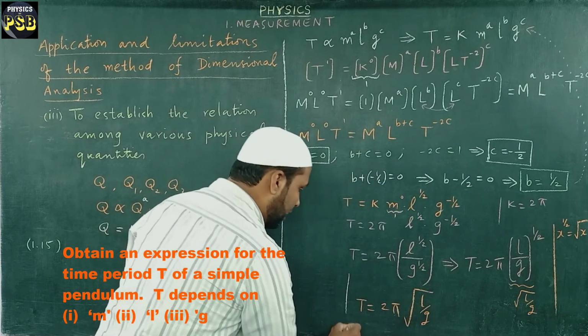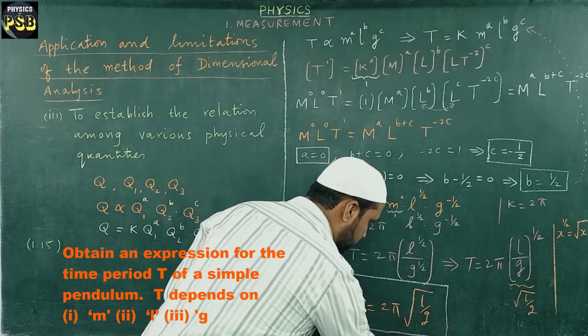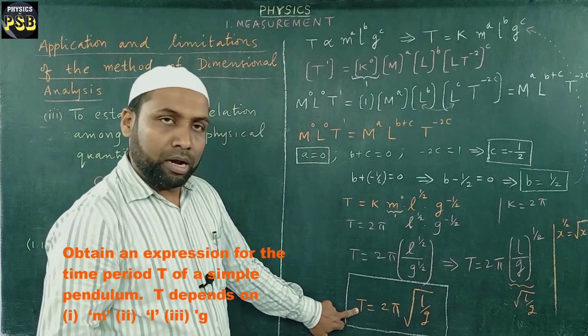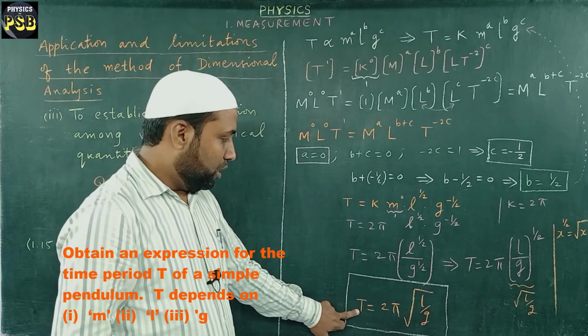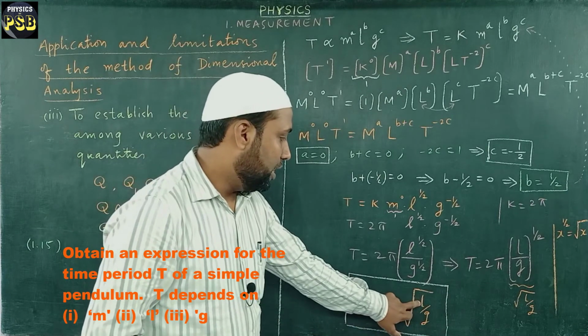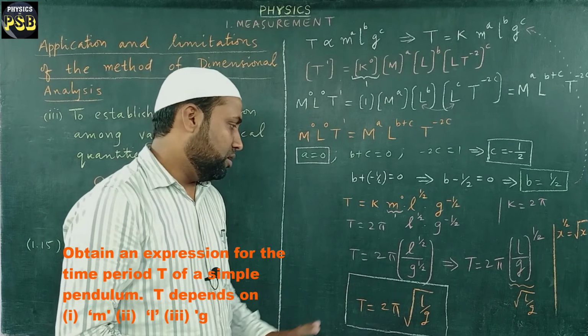This is the final expression that relates time period of a simple pendulum with the length and acceleration due to gravity. Here mass is missing.